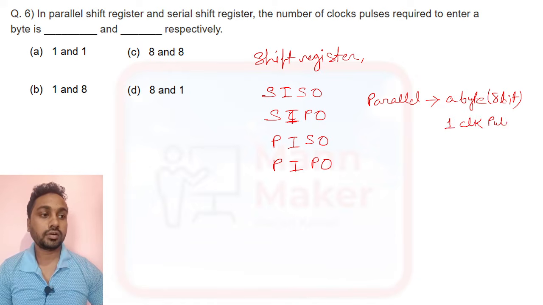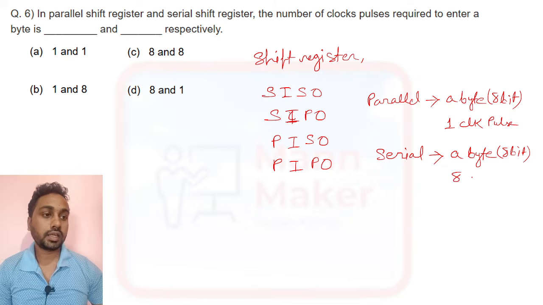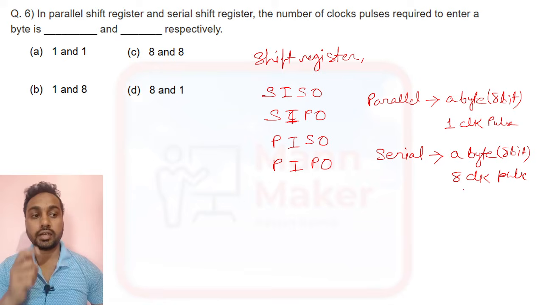For a serial shift register, for each bit we need one clock pulse, meaning 8 clock pulses for 8 bits. So the answer will be B: 1 clock pulse and 8 clock pulses for parallel and serial shift register.